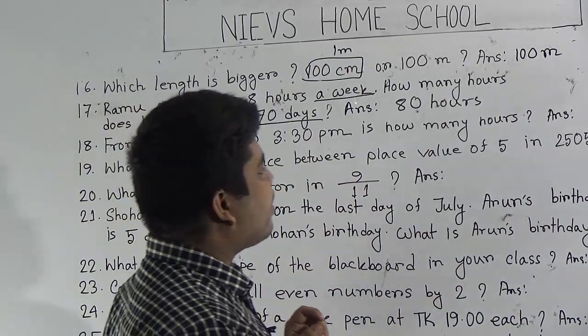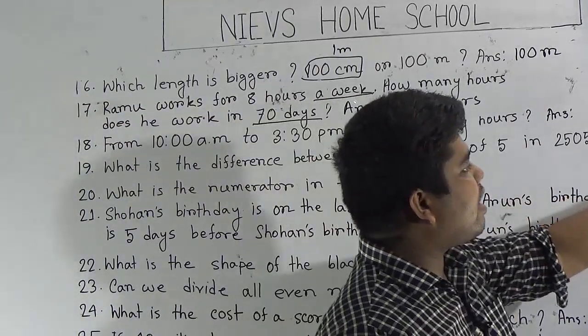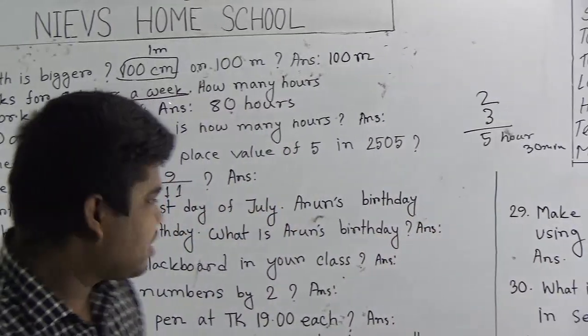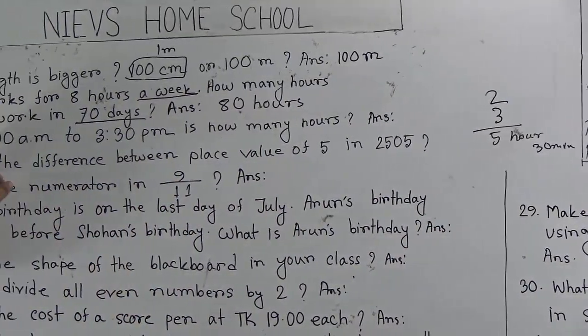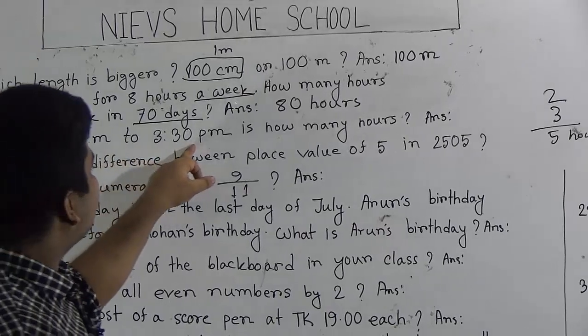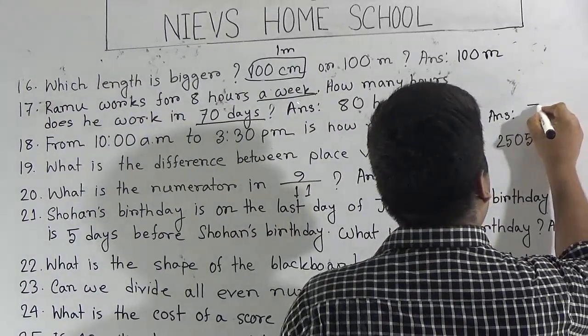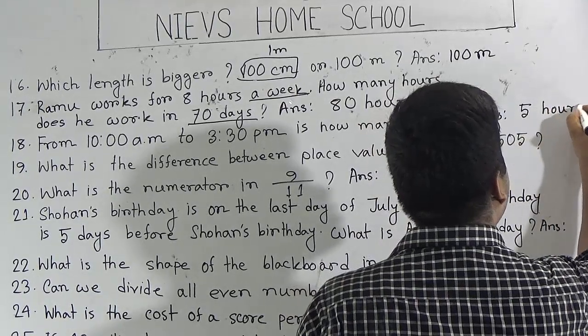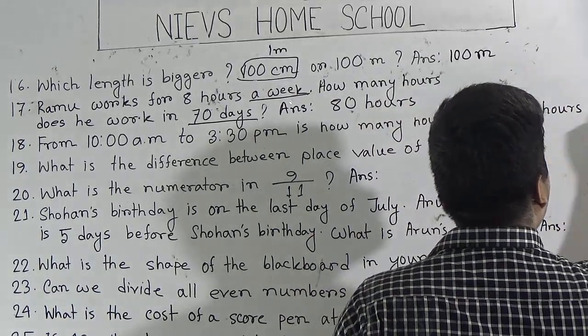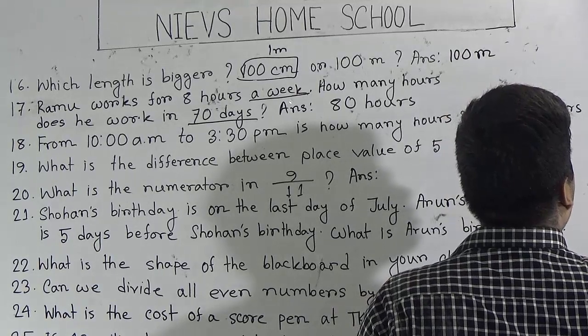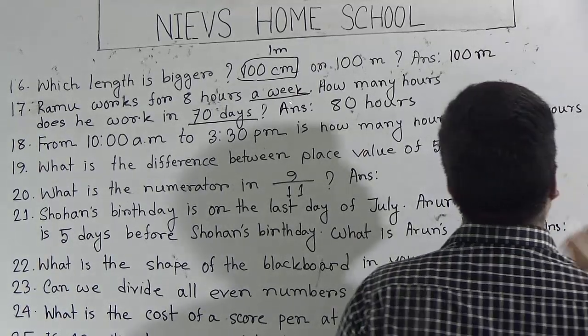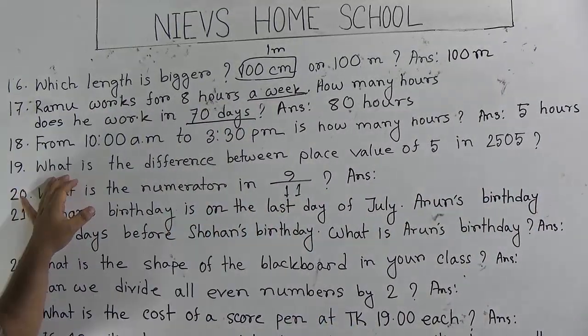So the required answer is 5 hours 30 minutes. That means from 10 a.m. to 3:30 p.m. is 5 hours and 30 minutes. Okay. Our next question.